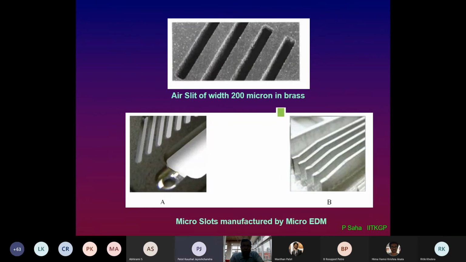Say on brass, some micro slits have been machined, 200 micron width, or micro slots manufactured by micro EDM. So we have created these micro fins, say for small components, where a lot of heat has to be liberated and thrown away through these fins.